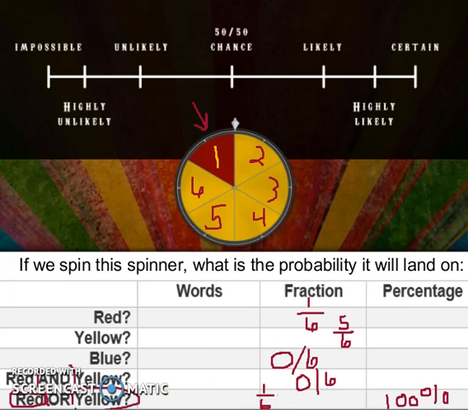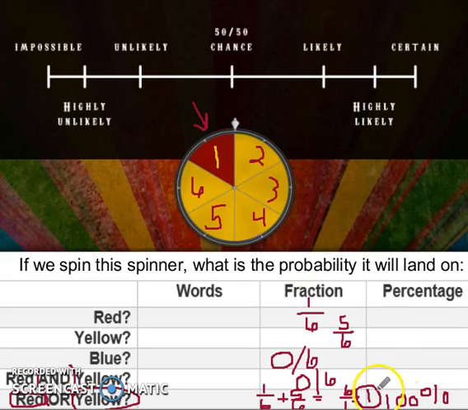The chance of getting yellow, or the probability of spinning and landing on yellow, is 5 out of 6. When I add those 2 probabilities together, notice I get 5 plus 1 is 6/6. That's why we say that a 1 is a certain probability. It is certain that we will get red or yellow.